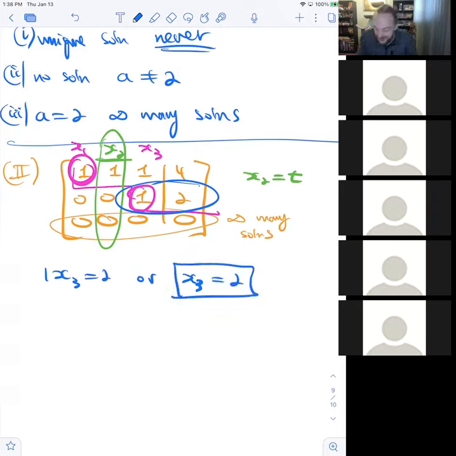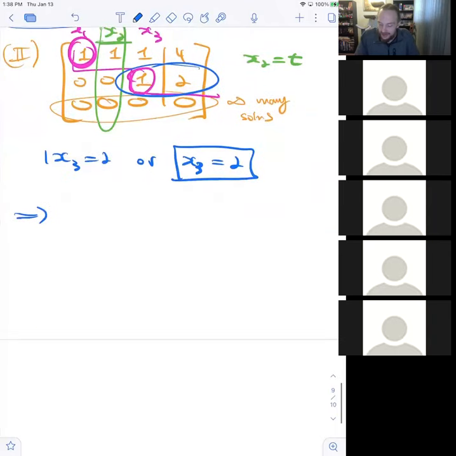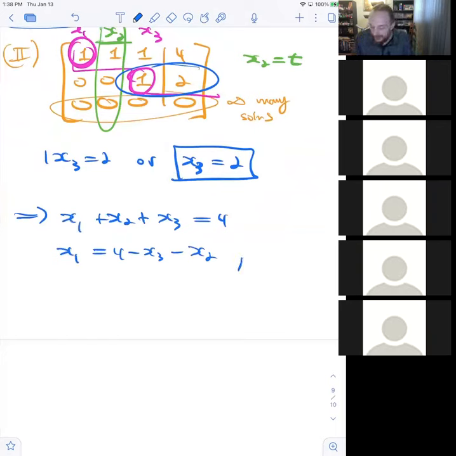Then from what I just said, we know that x1 plus x2 plus x3 equals 4. That means that x1 is equal to 4 minus x3 minus x2. This shows me that I have too many variables, so one of them has to be free. And we already know what x3 is.